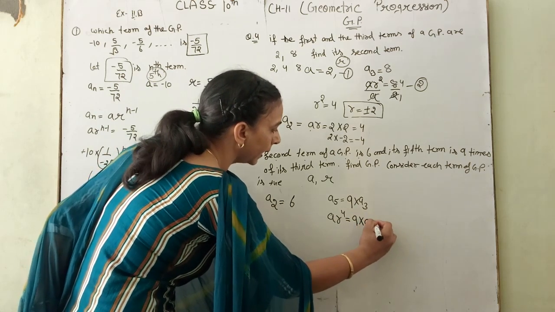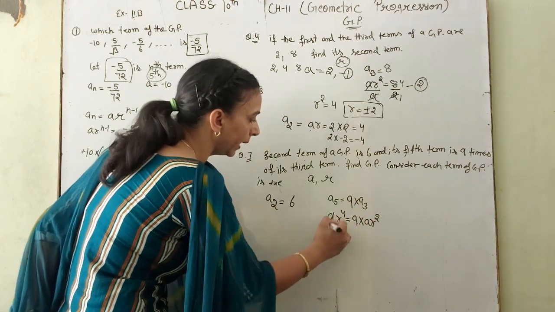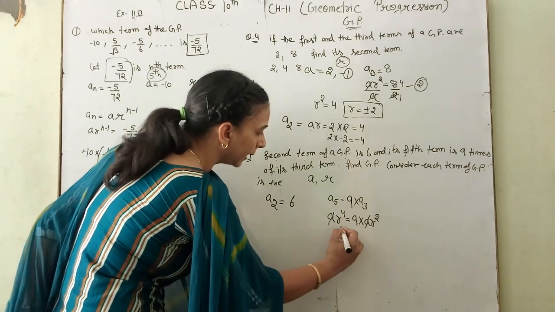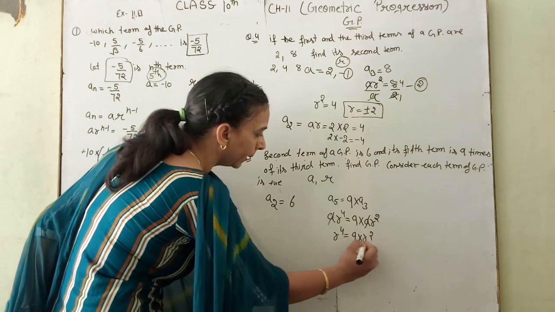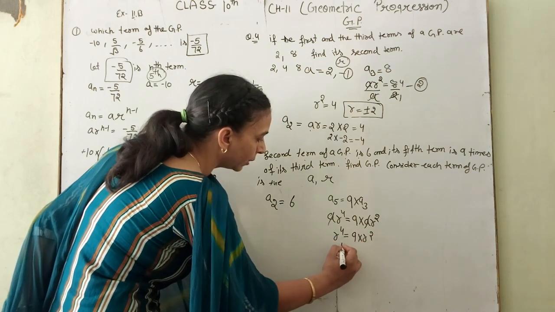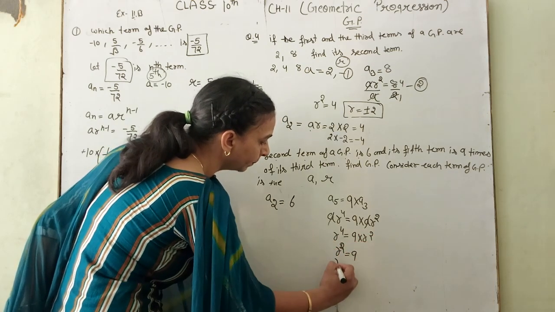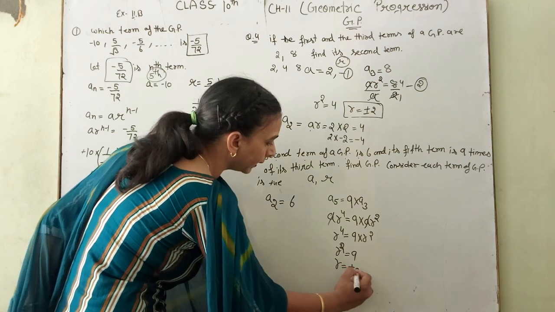A3 means ar raised to the power 2. A and A cancel. Then r raised to the power 4 equals 9 into r square. R square cancels. Then r raised to the power 2 equals 9, so r equals plus minus 3.